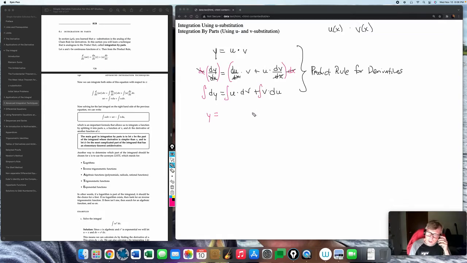So the trick in integration by parts is to know that your original function, which is uv, right, this is y, which remember was uv, is the sum of two integrals, u times dv plus the integral of v times du. But remember, in the beginning, y was uv, right?